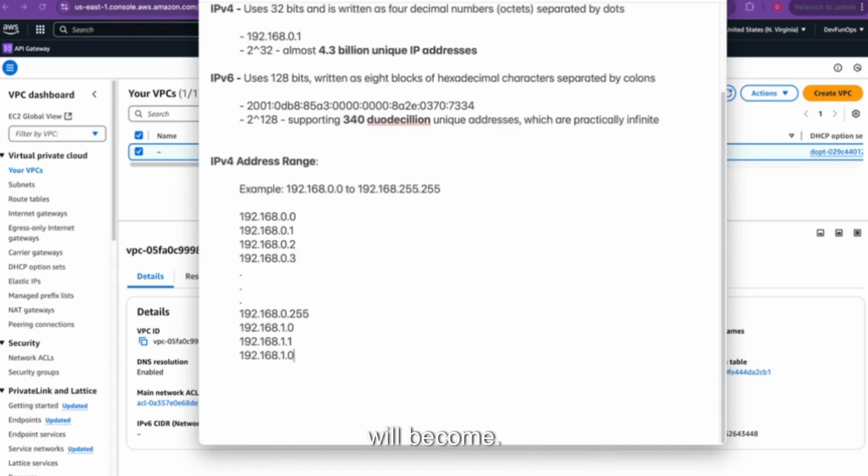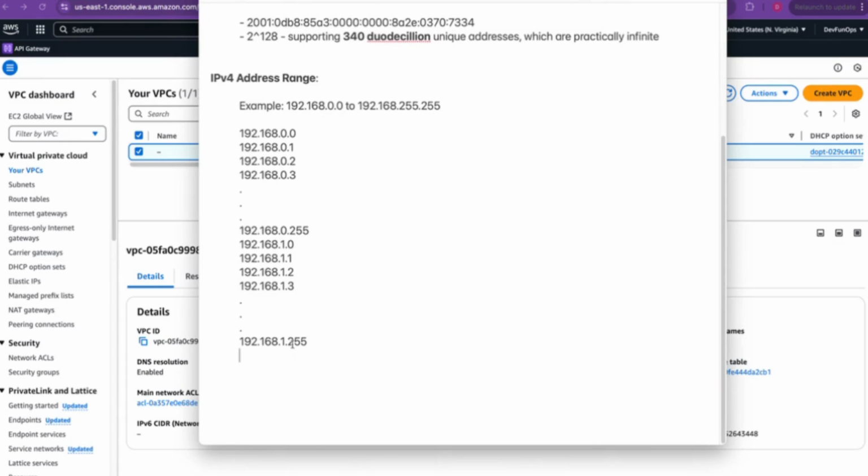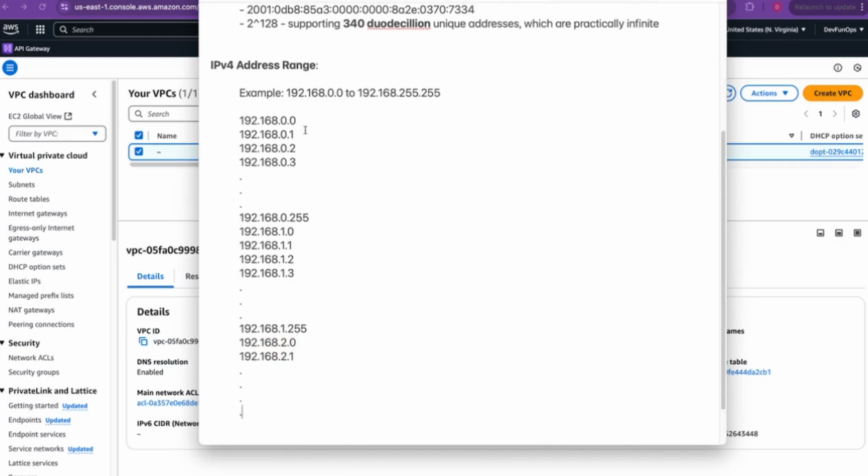Once the last block reaches 255, it gets reset to 0 and the previous block gets incremented by 1. Likewise, we can calculate the IP addresses within any IP address range. I hope that is clear. This is the logic behind IP addresses within any given IP address range.